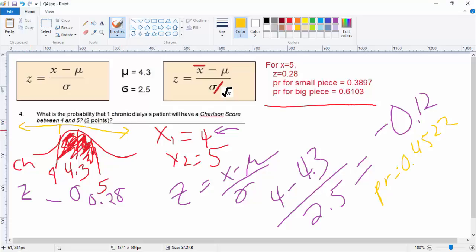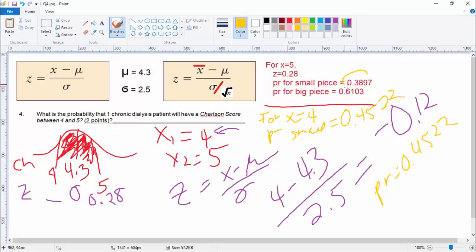And we got 45%, so we must have gotten this side, which is what we wanted, right? So now I'm just going to fill this in, to remind us that for x equals 4, the PR for a small piece is 0.4522.